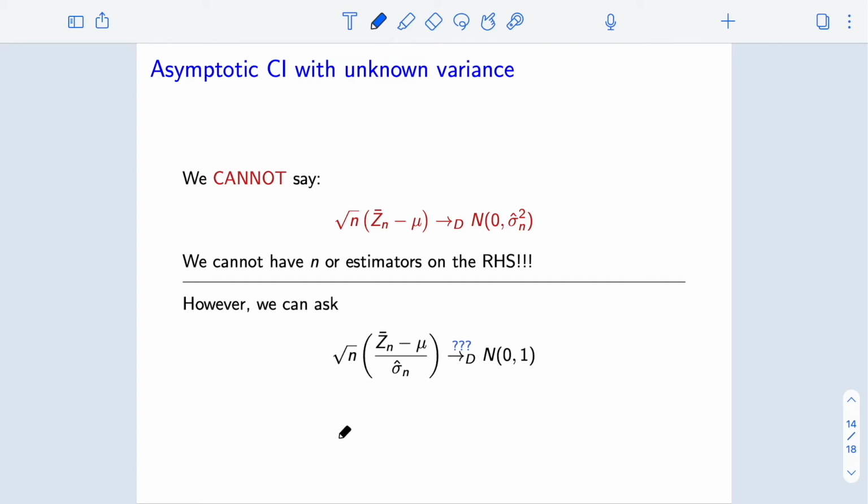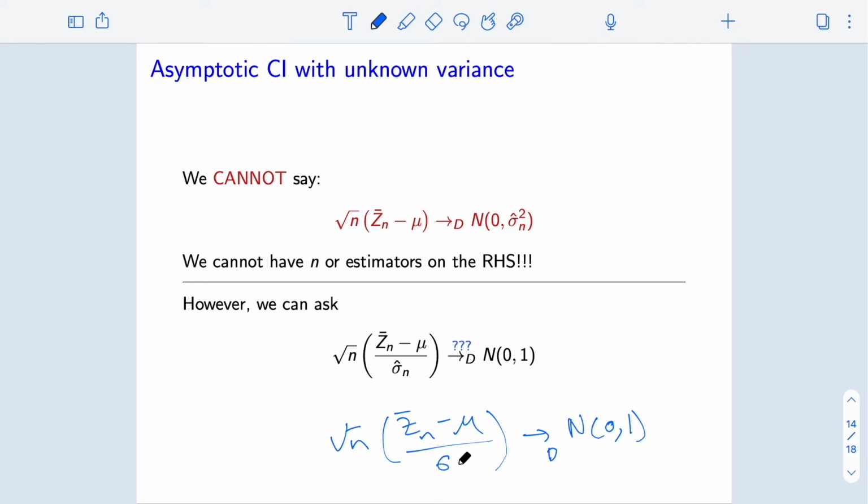One thing to note is that we do have this. Here, rather than sigma hat, I've just plugged in sigma in the denominator.